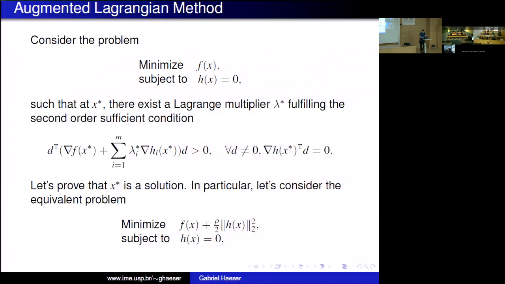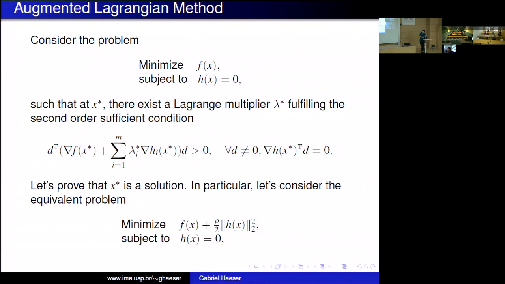Let's assume that x star is a feasible point for this problem, such that there exist Lagrange multipliers associated to this point. So it's a first order stationary point, and we will assume also that this condition holds. It's called the second order sufficient condition.